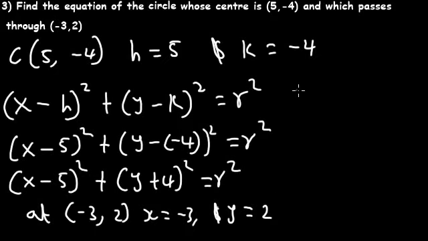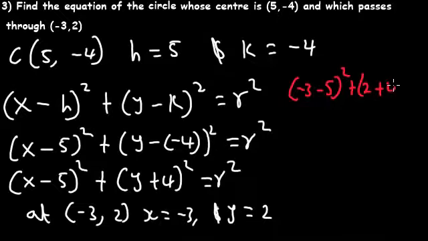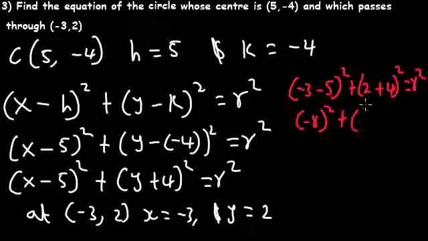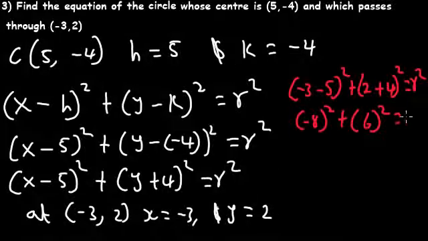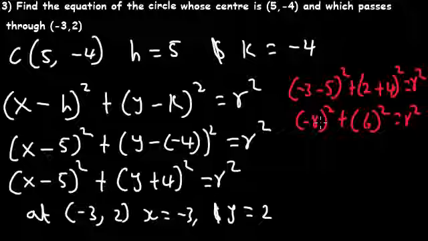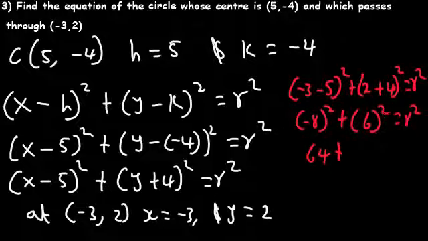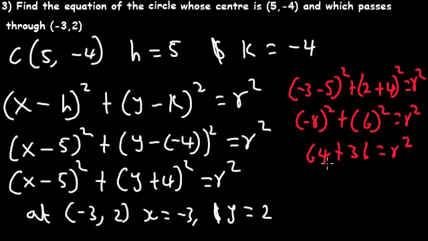So therefore, we now have in the bracket (-3 - 5)² plus the value of y, which is (2 + 4)², equals r². -3 - 5 gives us -8, squared, plus 2 + 4 gives us 6, squared, equals r². (-8)² is 64 and 6² is 36. 64 plus 36 results in 100, and this is still equal to r².